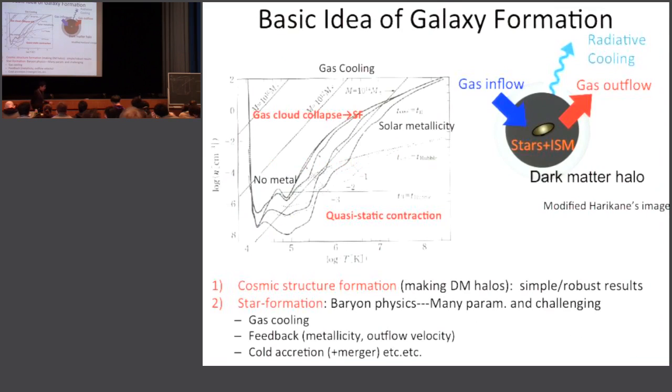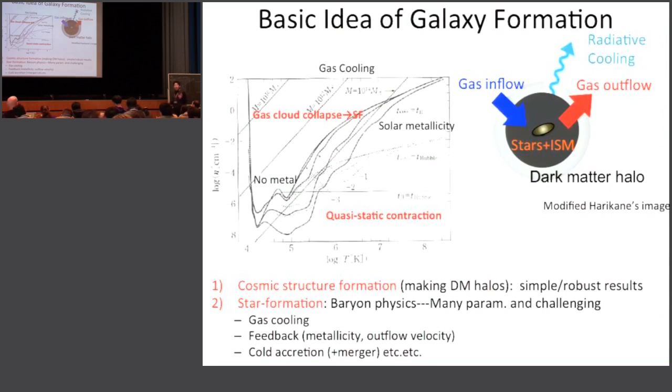So, well, as I have told you, galaxy formation is made of the two components. One is the structure formation, and the other is the star formation thing. And the structure formation thing is well understood, but star formation includes a lot of difficulties, many parameters, quite challenging, like gas cooling, feedback, depending on metallicity, outflow and so on, and cold accretion and so on.